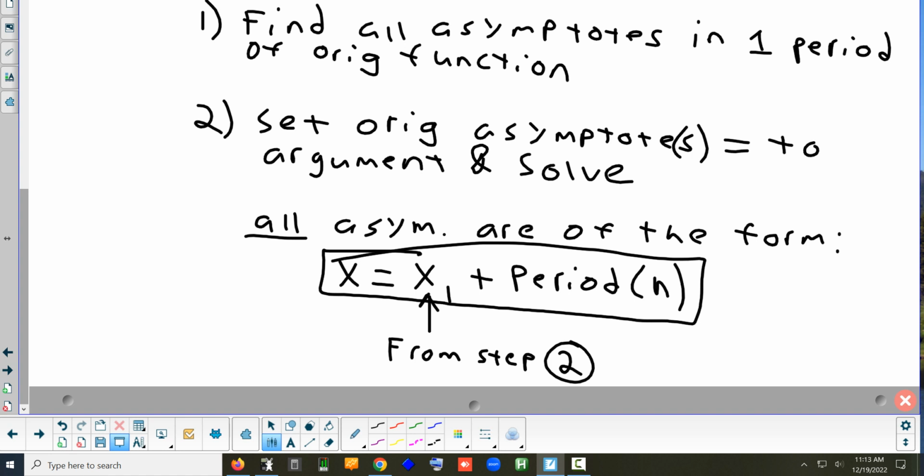So to say that an asymptote repeats every single cycle, you have to find one of them. That's from step two. And then put this on the end, plus the period times n. This period times n represents you could add any multiple of the period to an asymptote and get another one.